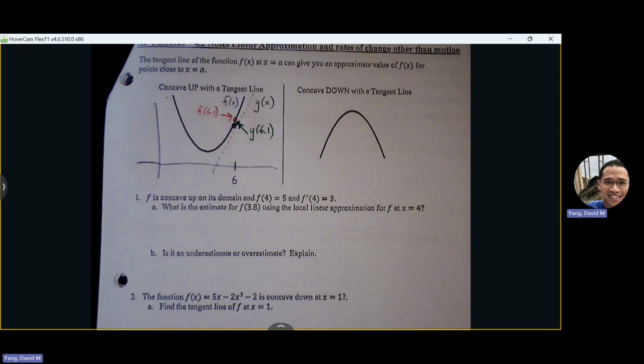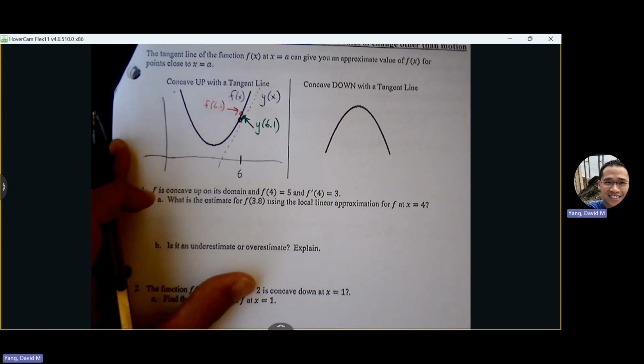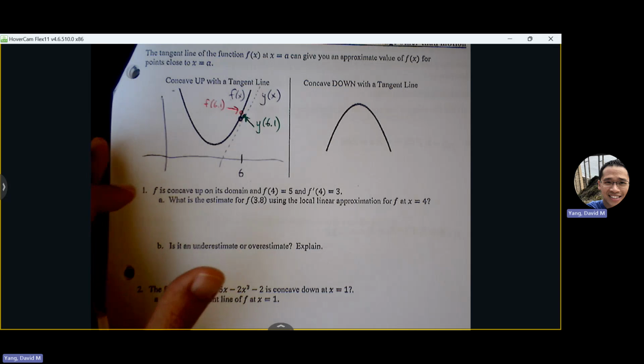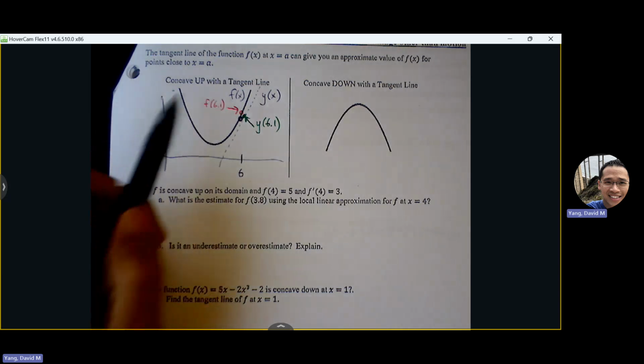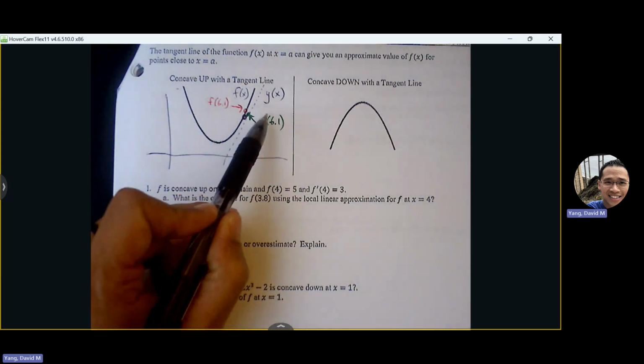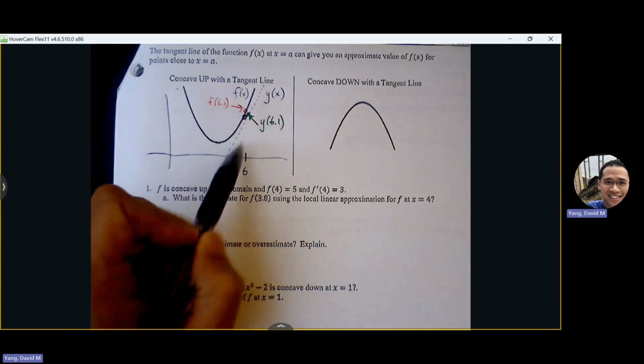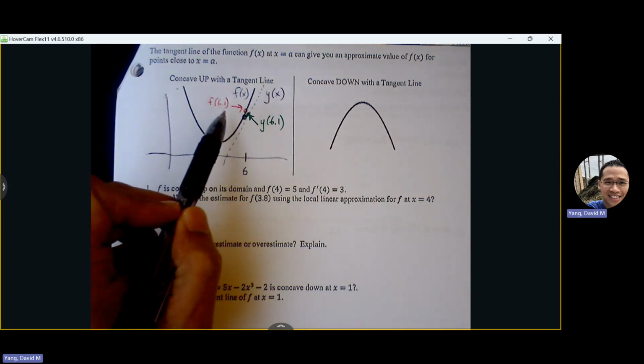But if we're far away from our point of tangency, then all bets are off. They could be completely not even in the same ballpark. So we don't have to worry about how accurate our approximation is. We just have to be able to know how to use a linear equation to approximate a value on the curve.